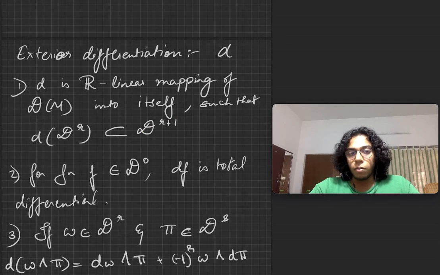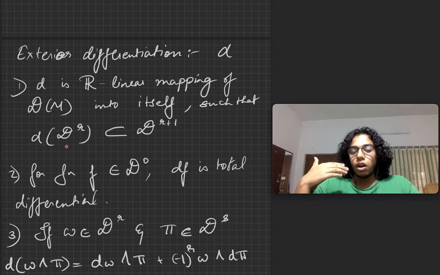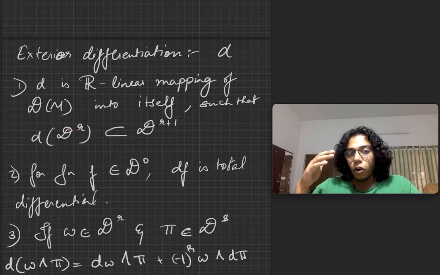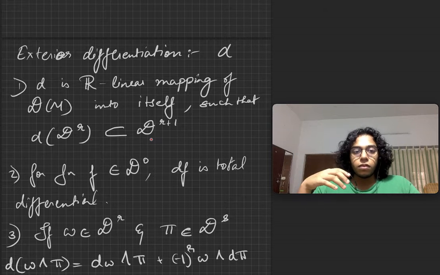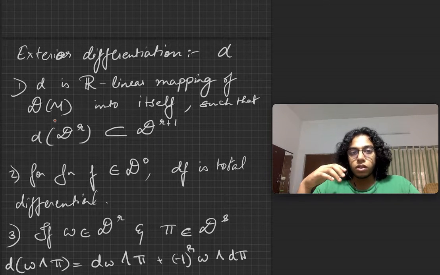As I said, D^m forms an algebra, and within that whole algebra, the exterior derivative d is a mapping of D^m to D^m such that you have a kind of dimensional increment. So when you take the differential of an R form, it becomes an R plus 1 form. So this is the first definition.